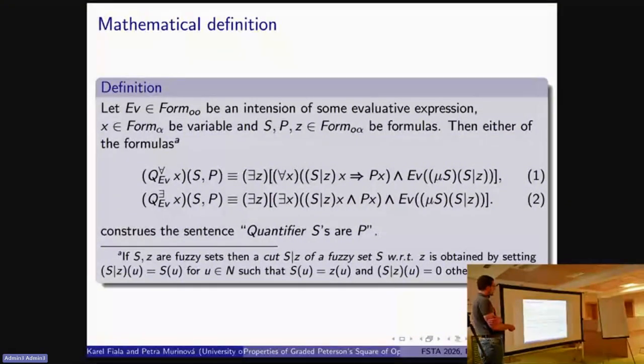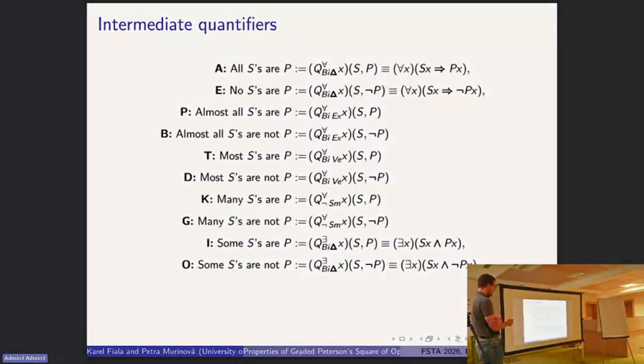We put concrete evaluative expressions into the definition and obtain these quantifiers, again denoted by capital letters. Here we can see the classical ones: one, almost all, most, many, and each has a multi-element form, which is a form of almost all.